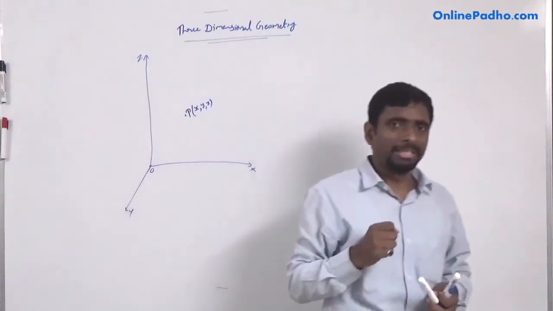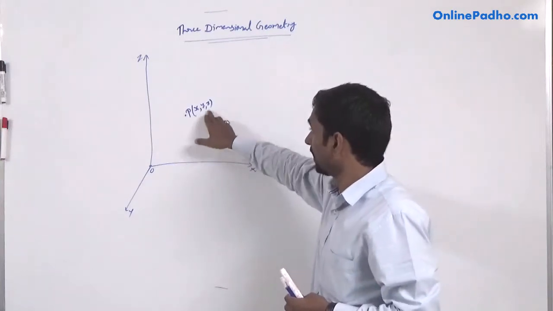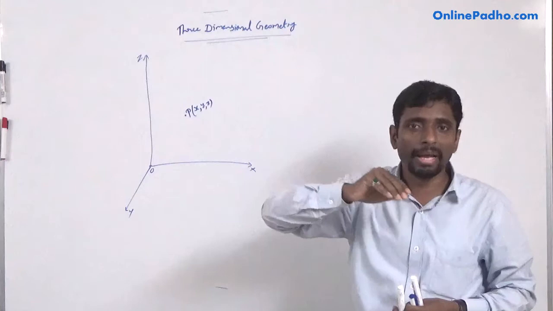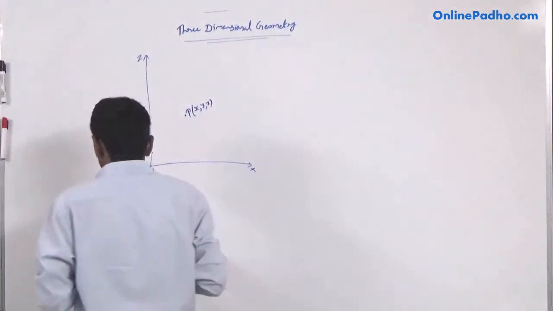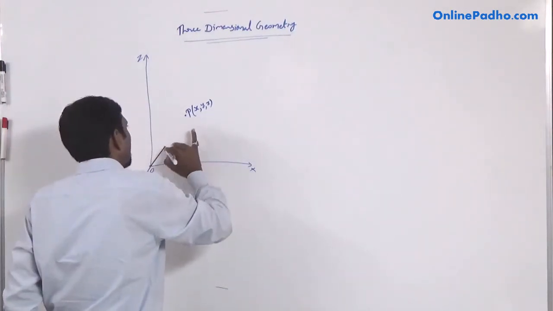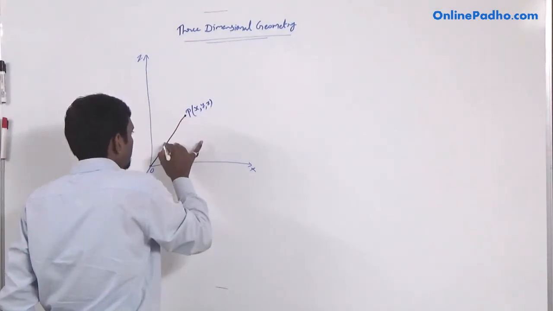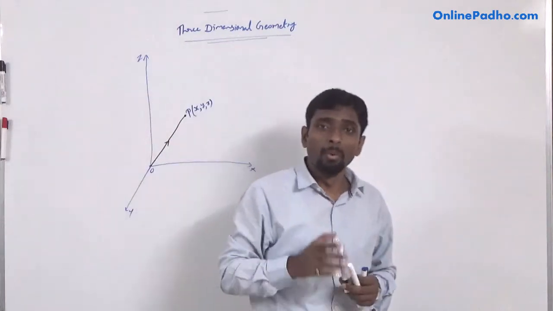What do you mean by this x, y, z? These are the coordinates of point P: x coordinate, y coordinate, and z coordinate, right? And we have to find the direction cosine of this line. So direction cosine is the direction with the OP vector.